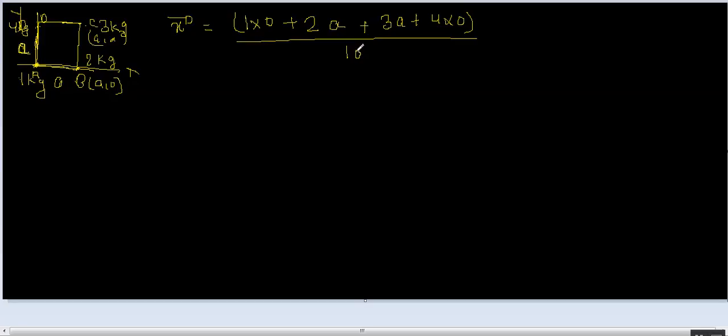Total mass is 10 kg. So the x coordinate will be 5A by 10, which is A by 2.